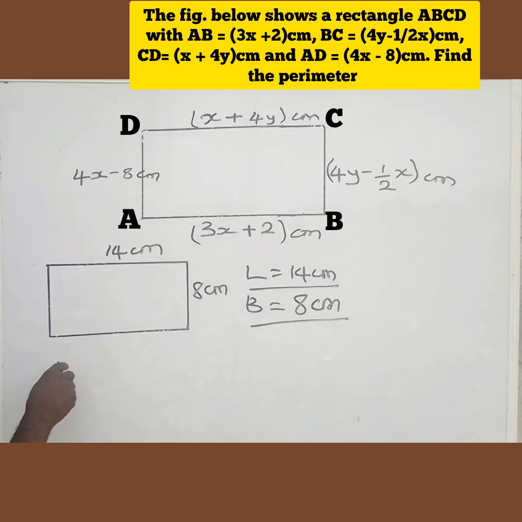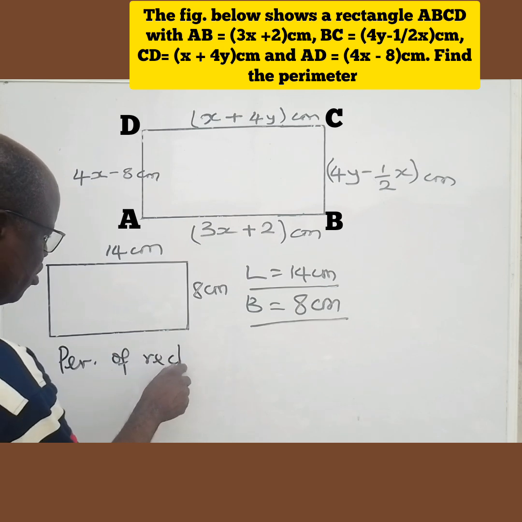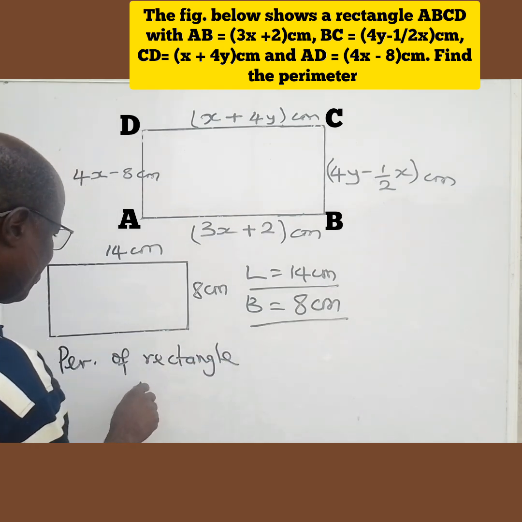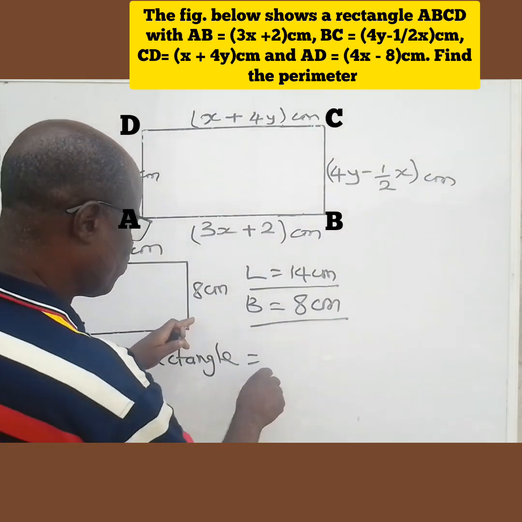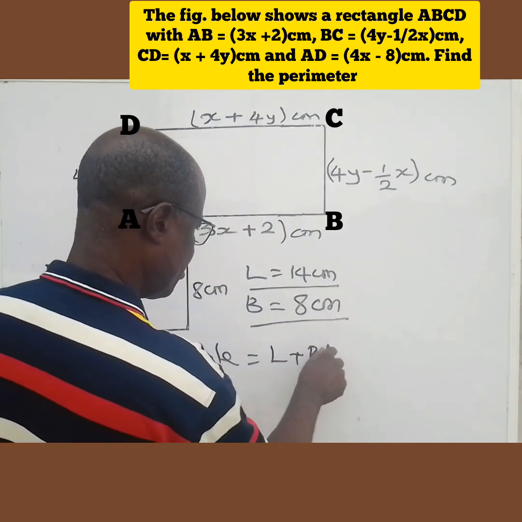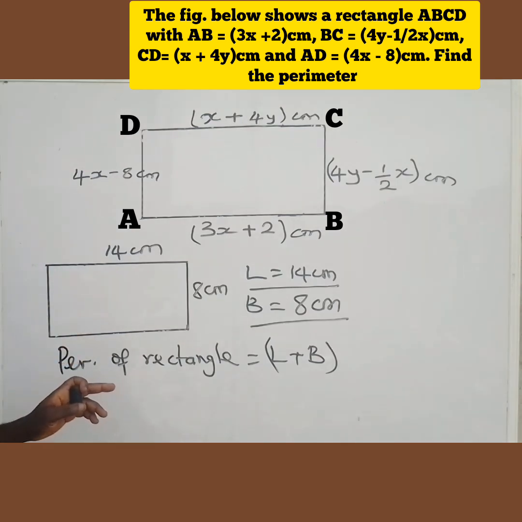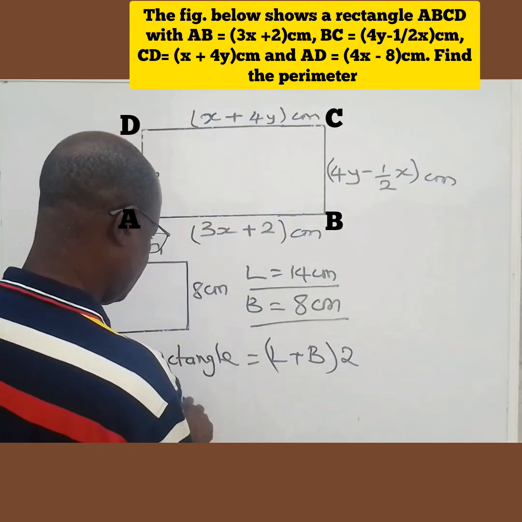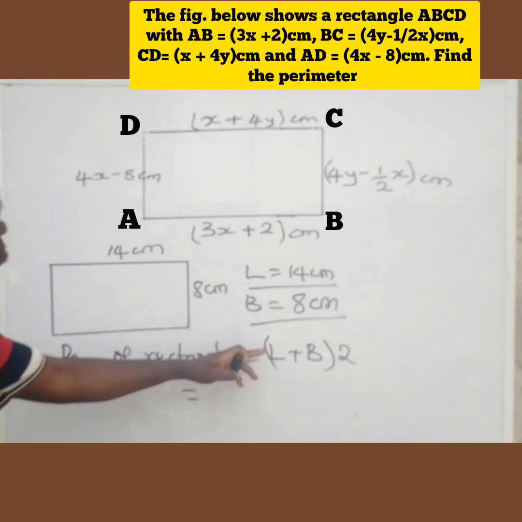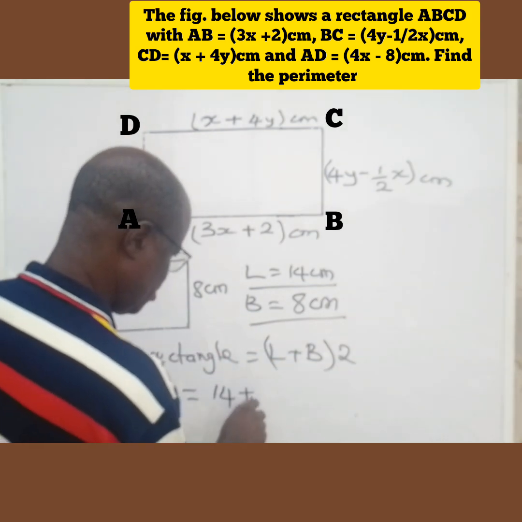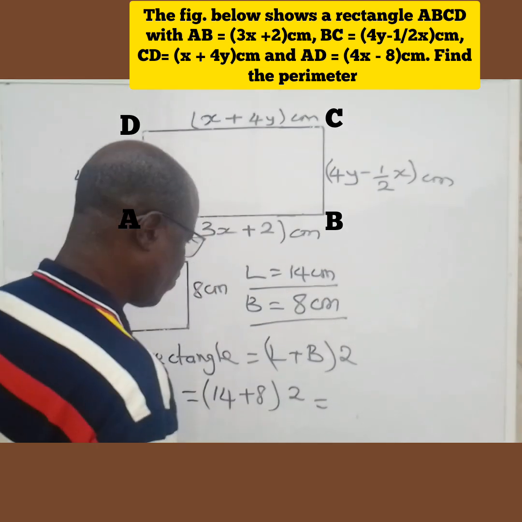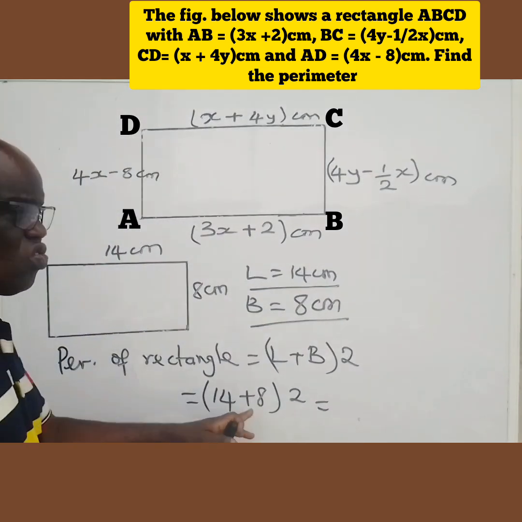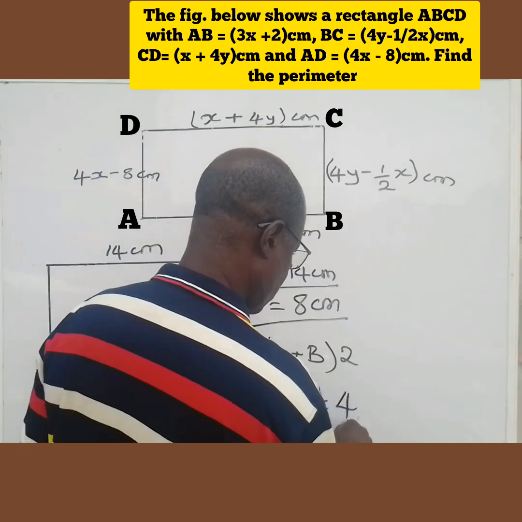For you to find the perimeter of a rectangle, it is the same thing as just adding length and breadth together and then multiplying by 2, which is equal to 14 plus 8, then multiplied by 2. 14 plus 8 is 22. 22 times 2 is 44.